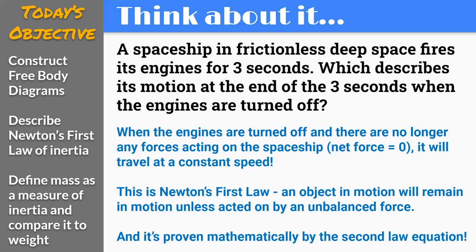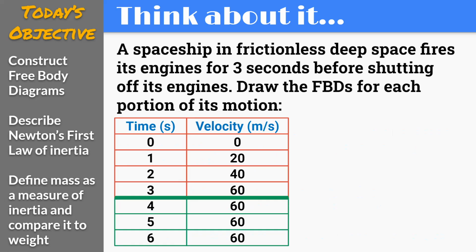You can prove it mathematically with the second law equation. Of course, his laws are all tied together, and we already did those mathematical proofs. But I could draw a free body diagram for each portion of its motion. In that first part where I have the engines turned on, maybe the engines are applying a force to the right.